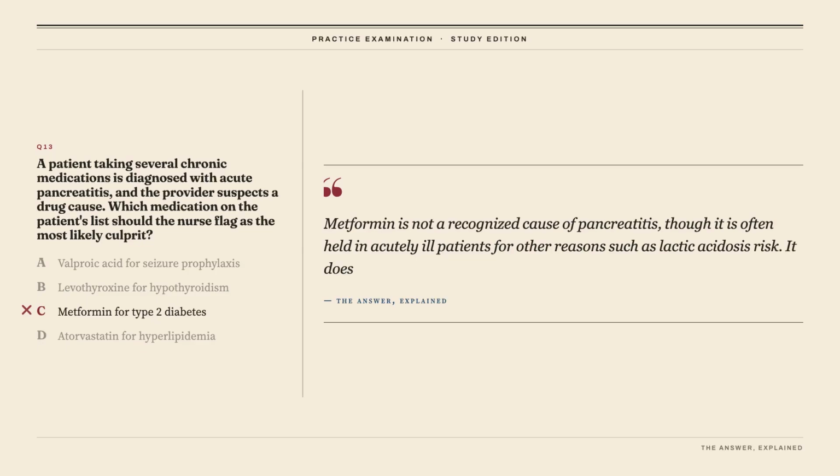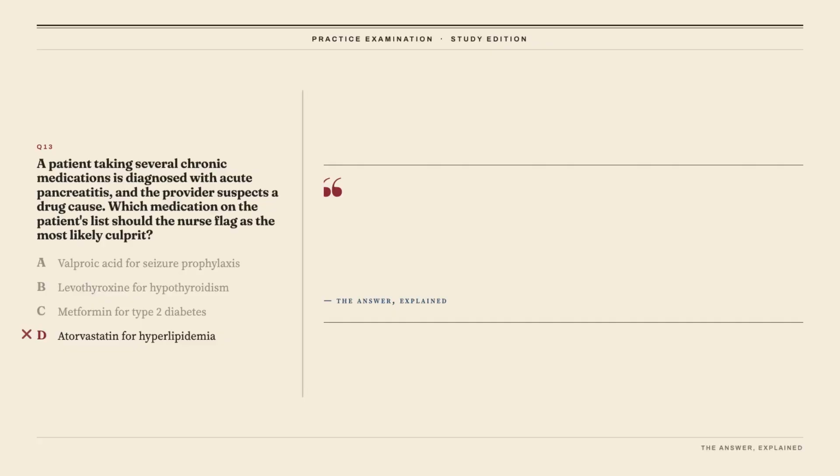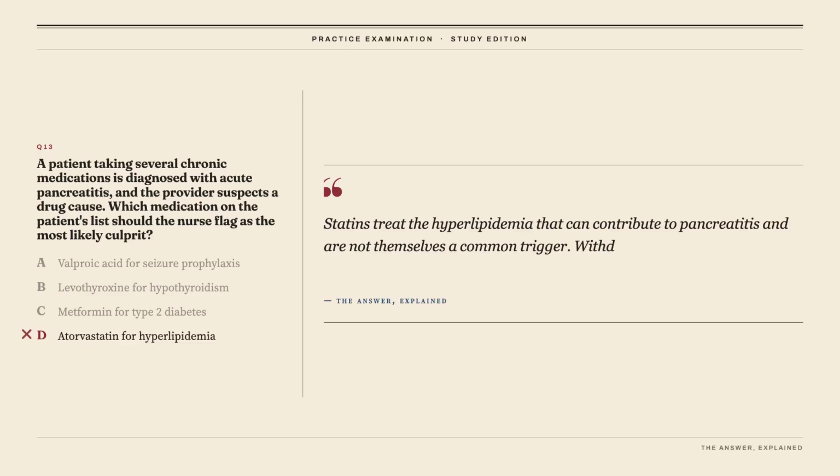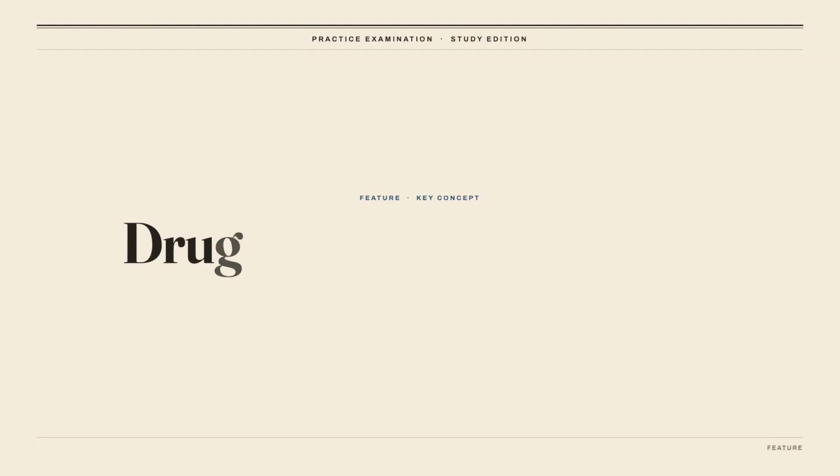It does not belong on the list of pancreatitis-inducing drugs. D is wrong because statins treat the hyperlipidemia that can contribute to pancreatitis and are not themselves a common trigger. Withdrawing a statin would work against control of a genuine risk factor.